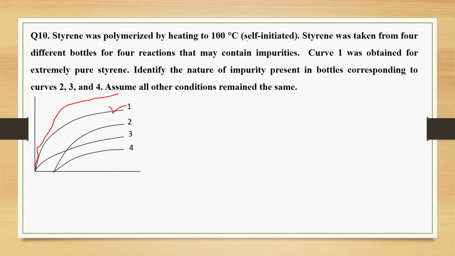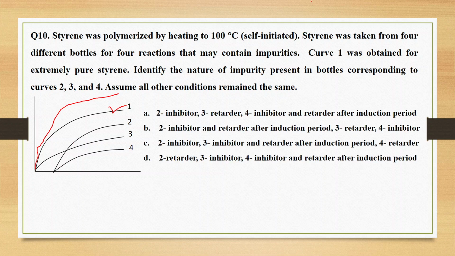Most of the people have said option A is correct. Someone has said you are not able to understand the question. Okay, so it states that suppose you are polymerizing styrene, but you are taking the styrene from 4 different bottles. Number one bottle contains pure styrene, so it is the curve for your pure styrene, but the other 3 bottles have some impurities in the container.